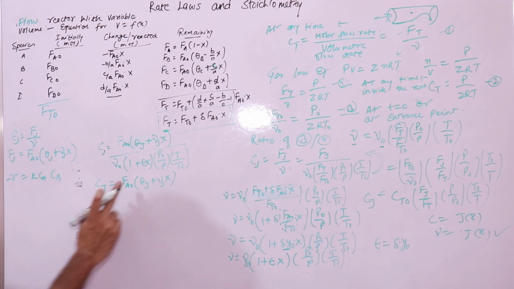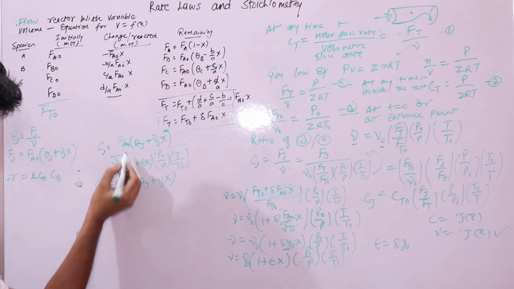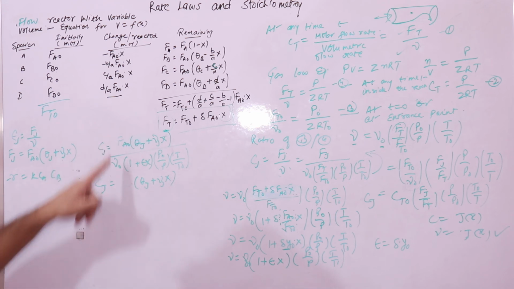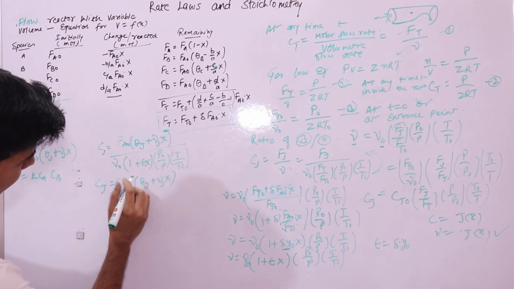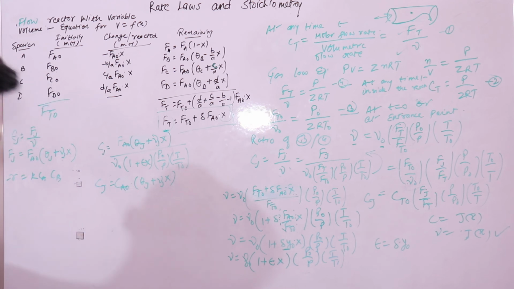This would be CA equals, this is molar flow rate, this is volumetric flow rate. Molar flow rate divided by volumetric flow rate will become CA0. This is initial concentration, right? Then you have this expression, right?